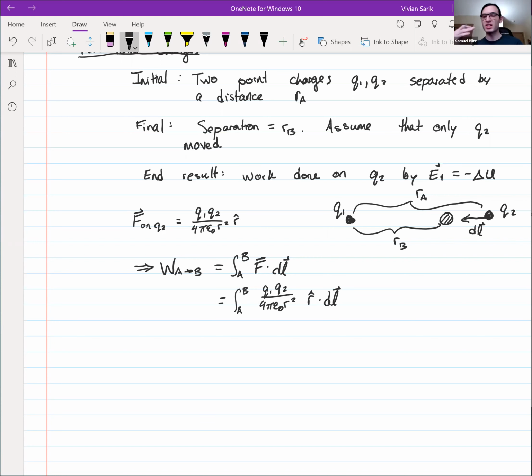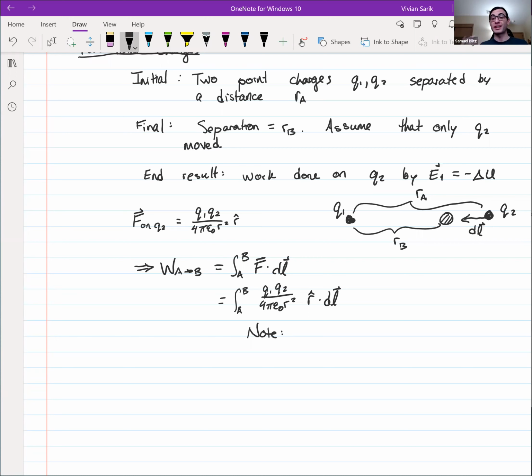Now, just as an aside here, and this is just a line integral thing, the r hat dot dl, because the path is either to the left or to the right, depending on the sign of the charges, we know that r hat dot dl... how do we want to phrase this?